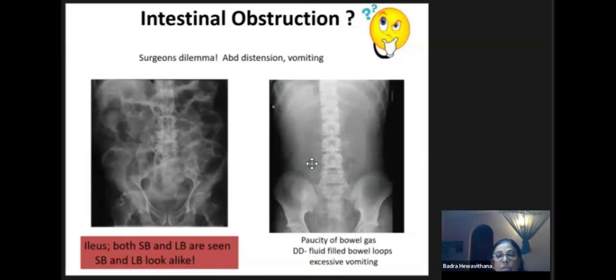Be aware of this situation. Don't be happy and go home when you see this kind of X-ray in a patient with abdominal distension and vomiting. At least try to do an erect X-ray abdomen and see whether you can see a string of beads or string of pearls, or get hold of somebody and do an ultrasound scan, or you may have to do a CT scan as well.